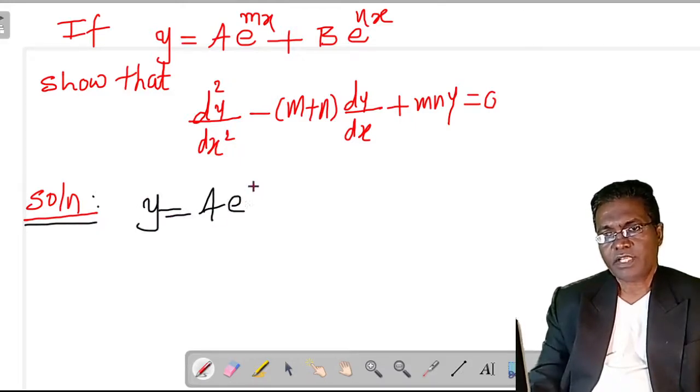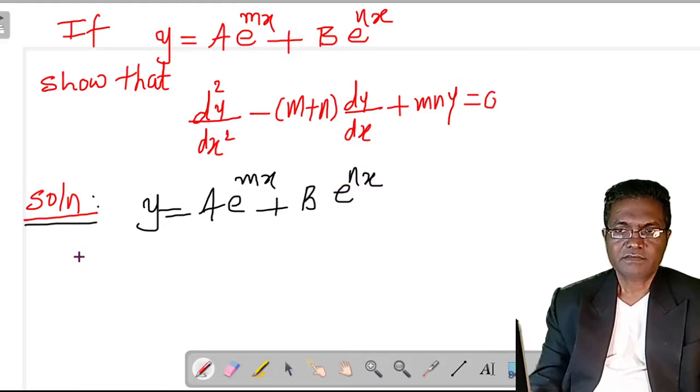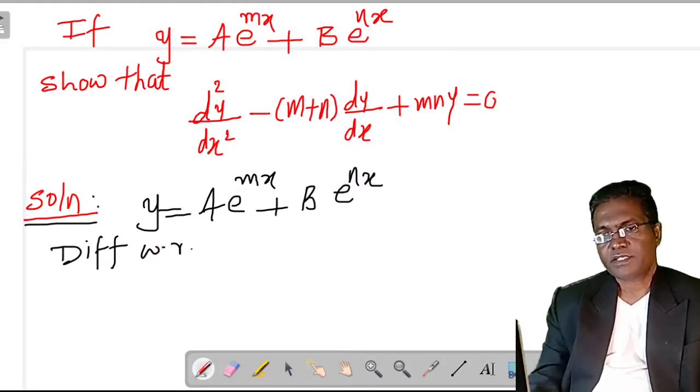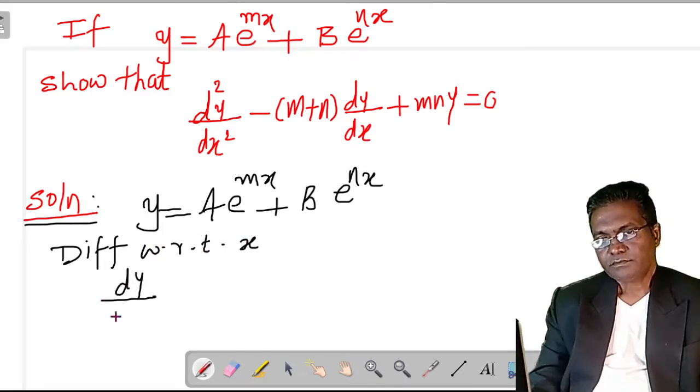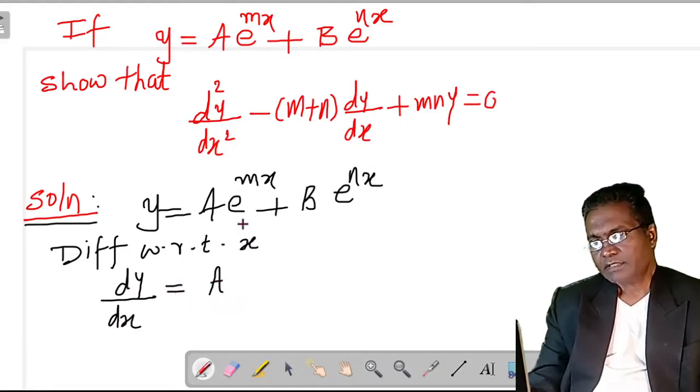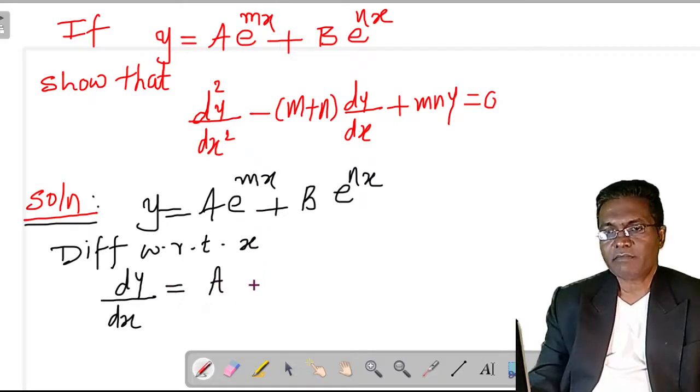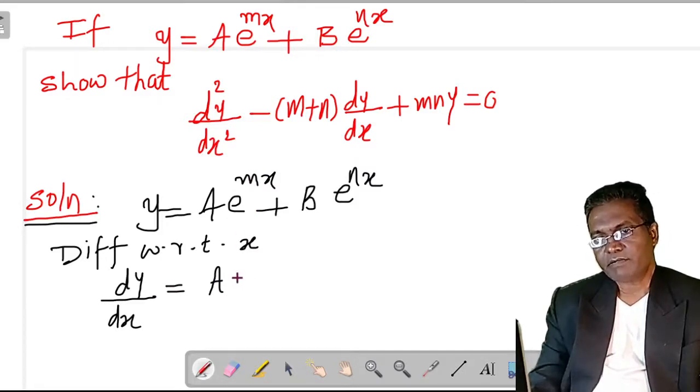y is equal to a e power mx plus b into e power nx. Differentiate with respect to x. dy by dx is a e power mx, derivative is e power mx and one m extra comes, so to avoid steps, e power mx derivative is m e power mx.